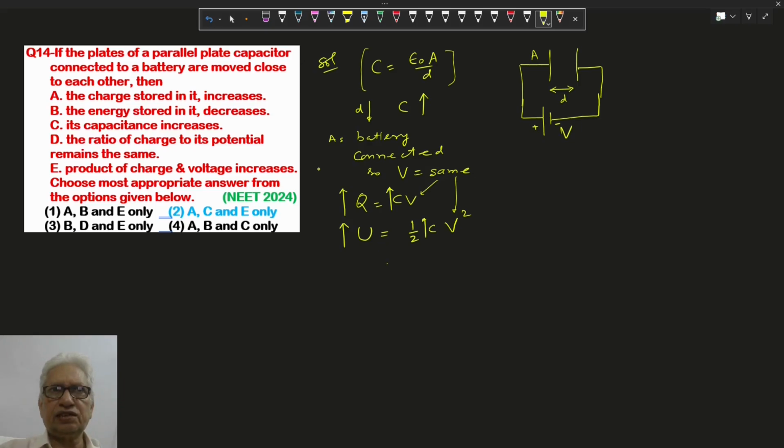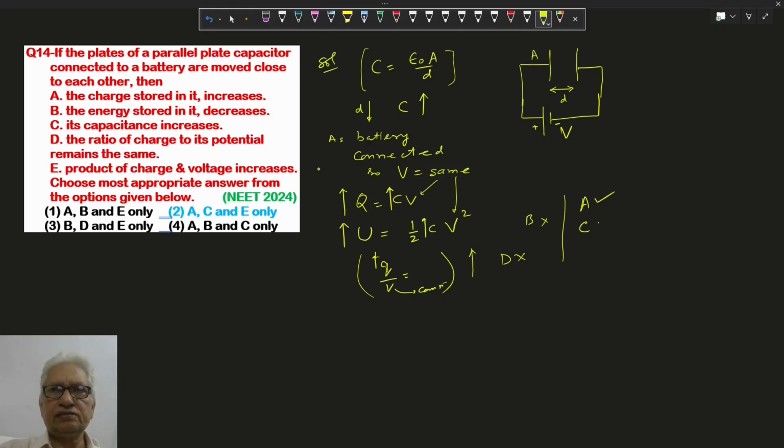Now the ratio of charge to potential: V is constant, Q is the charge, and by capacitance increases. So option D is wrong. And the energy stored decreases, but here it increases. So option B is also wrong. But here A, charge stored increases, so it's correct.